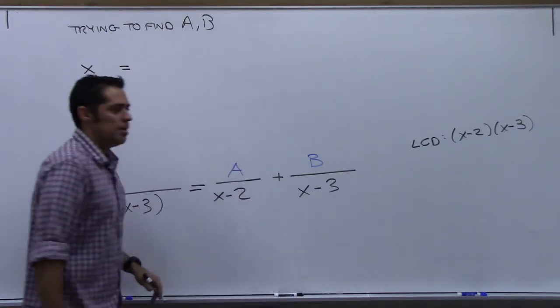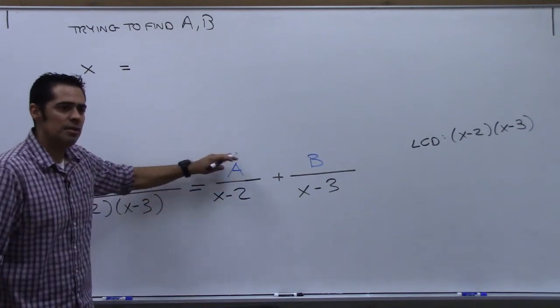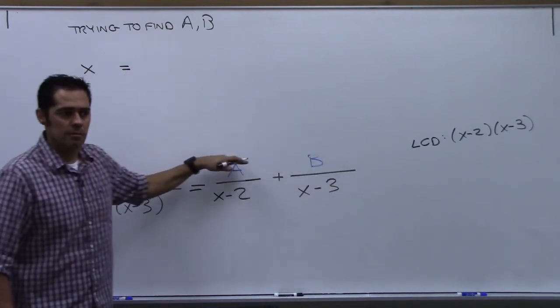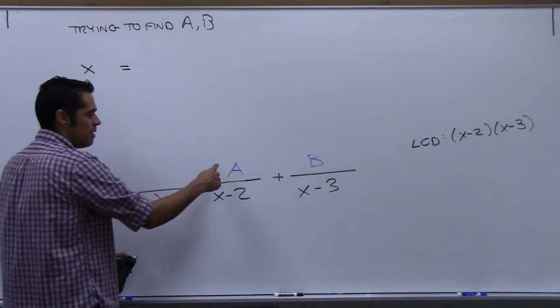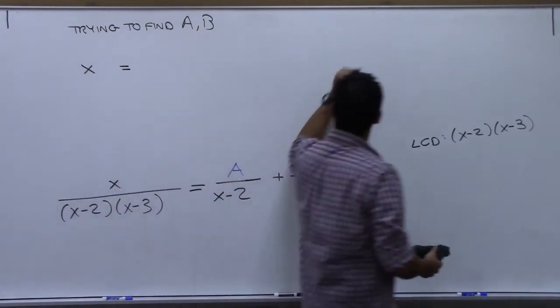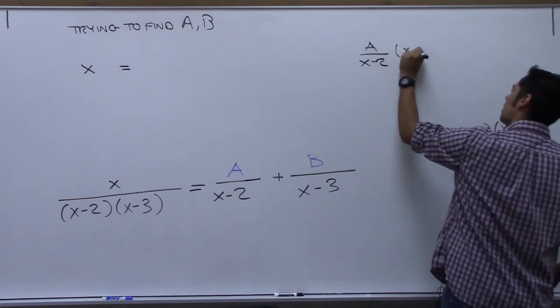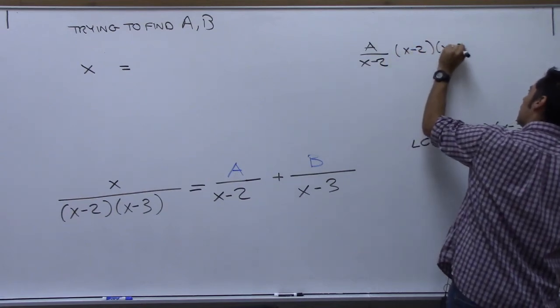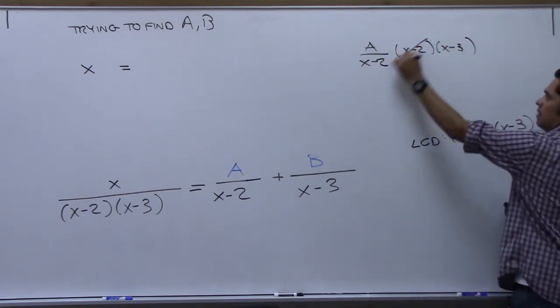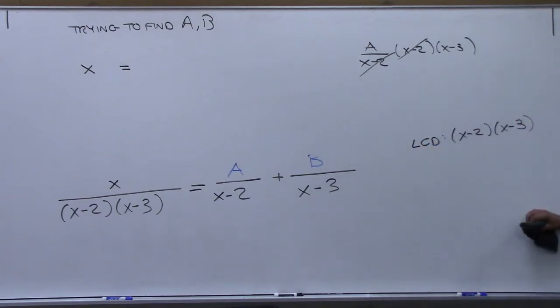On the right side, when you do your LCD, it has to distribute to each one of these, doesn't it? So what happens when you multiply this? I'll just do it this time. A over x minus 2. What happens when you multiply that times x minus 2 times x minus 3? Those cancel, right? And you're left with the A times the x minus 3.